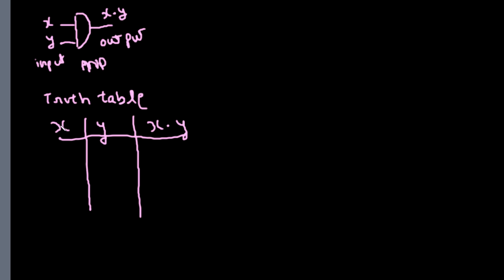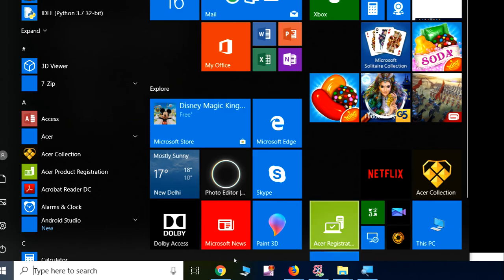The possible combinations of input are 0 0, which means both x and y are false; 0 1, which means x is false and y is true; 1 0, which means x is true and y is false; and 1 1, which means both x and y are true. So the output would be 0 0 0 1.